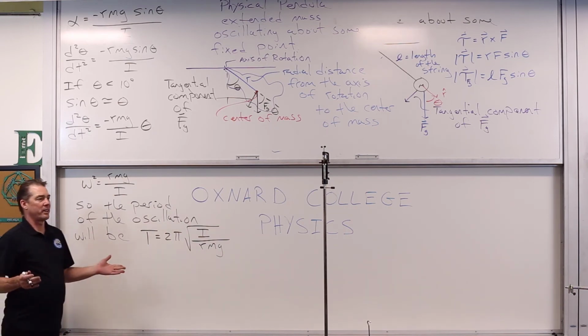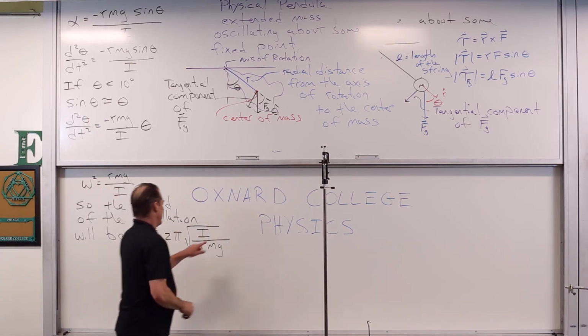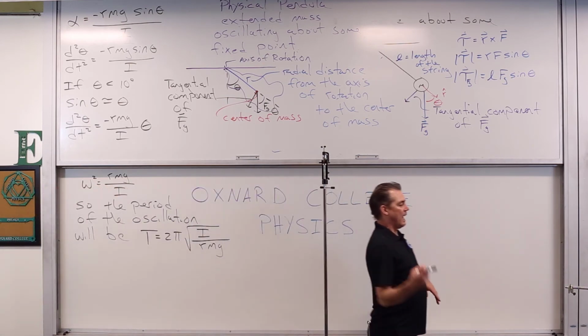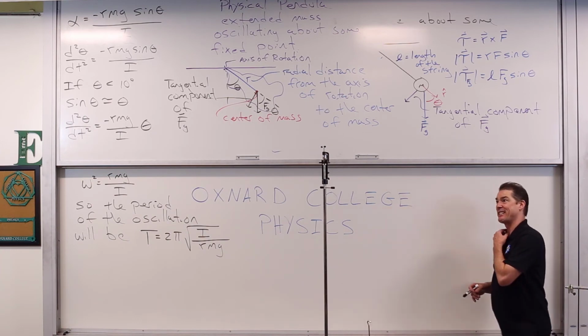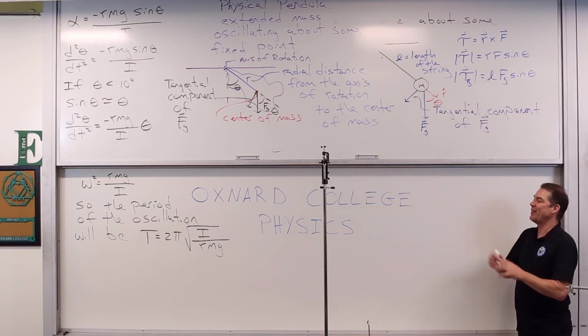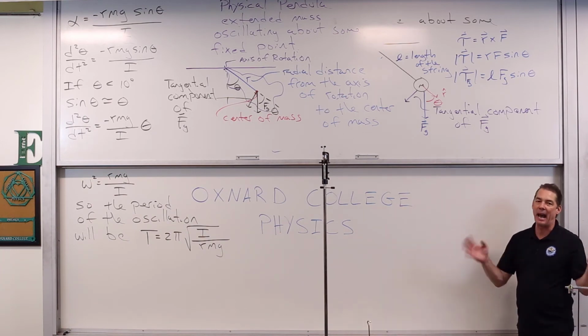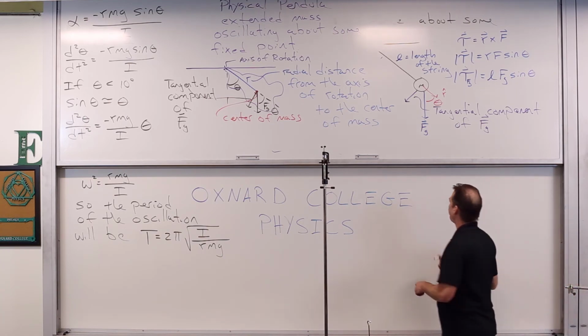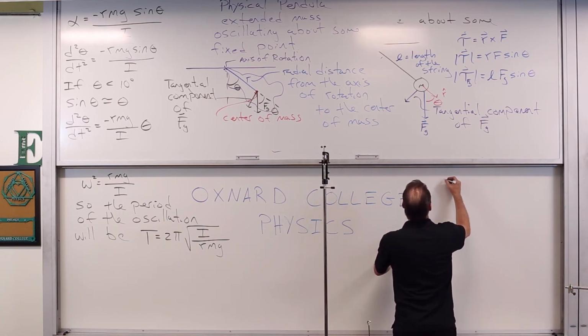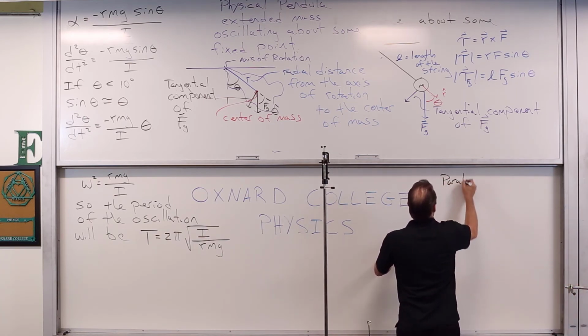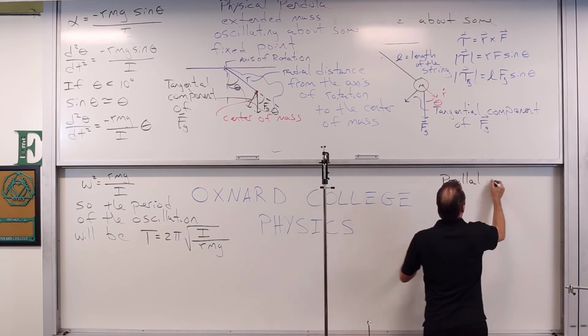And then there's one more thing that we could do, which is note an easy way of determining what I is for some nice objects. Parallel axis theorem.